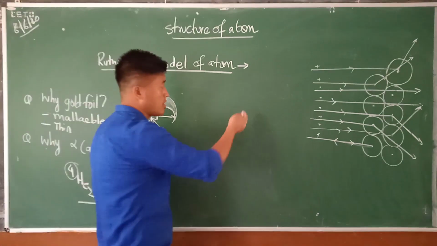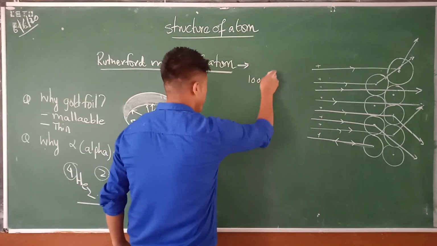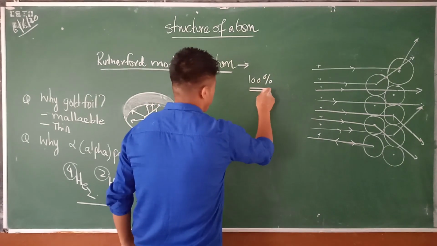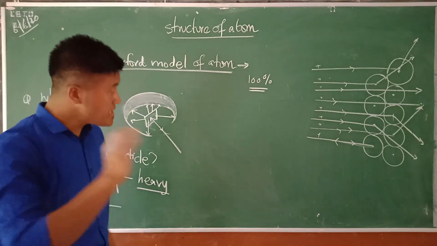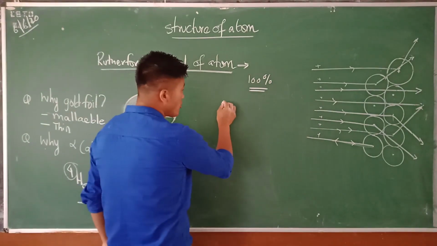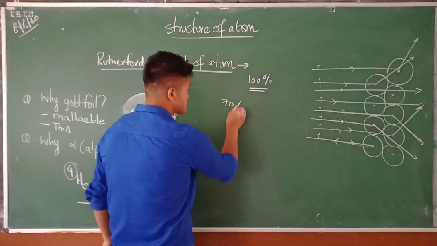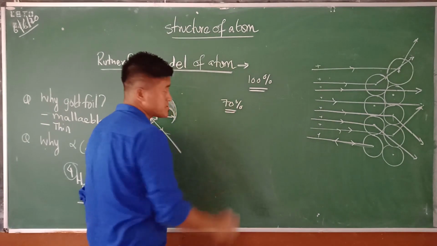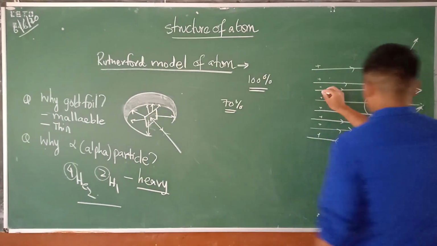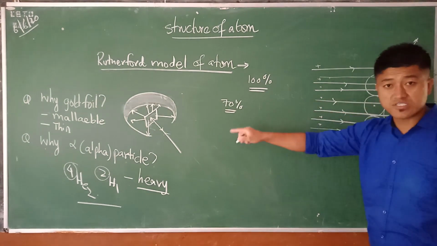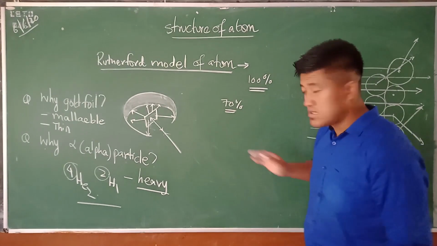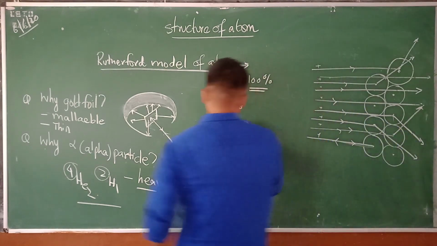Now I'm going to consider that as 100%. Out of 100%, what he noticed was almost 70%, let's say, are traveling in a straight direction. Is that clear? 70% is traveling in a straight direction, that means they are not getting deflected.